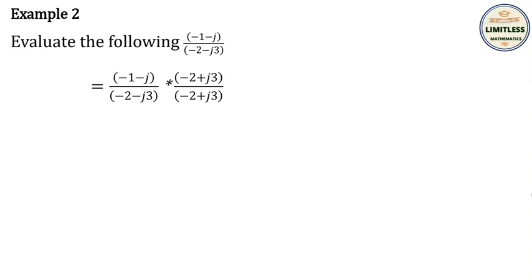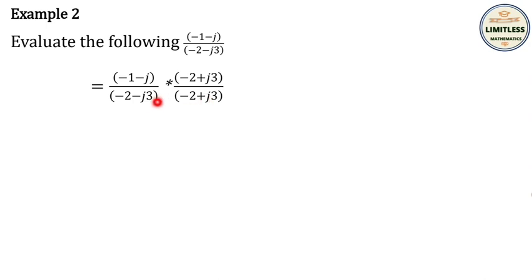So in this case, what is important is the denominator. So we'll look at the sign of the imaginary part of the denominator. So it's -j3. So here the sign is negative, so the conjugate should carry a positive sign.